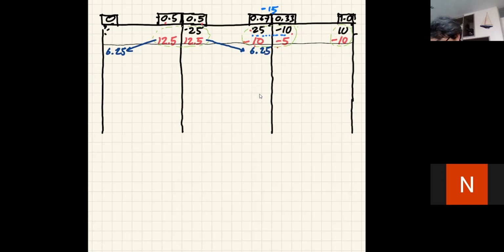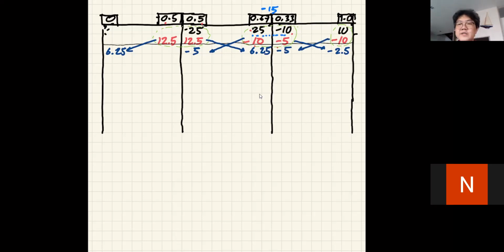And minus 10 exists here, so a half of that must exist at the opposite end, minus 5. Likewise, minus 5 here, so minus 2.5 there, minus 10 here, so minus 5 here.